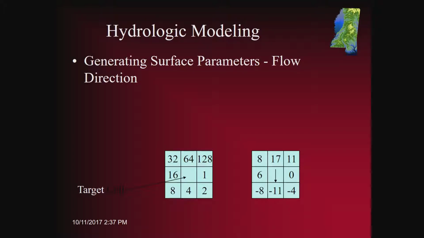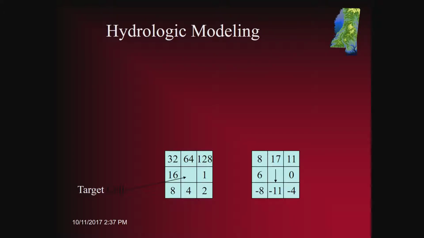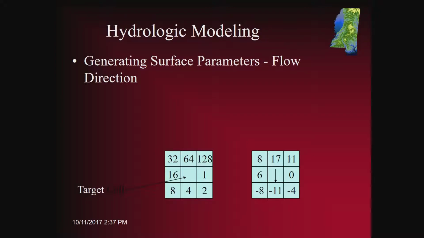Okay. So the first step in this implementation is called calculating flow direction. If you go back over to this, I'm going to delete everything except for the elevation. Delete these too.